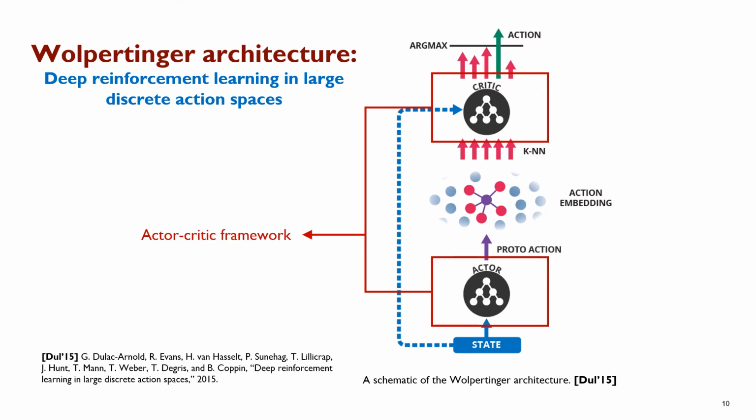And to make it suitable for exploring in discrete action space, there is a k-nearest neighbor quantization sitting between actor and critic networks. Whatever action predicted by the actor will first go through this KNN quantization to make it valid, and then it will be passed to the critic network to evaluate the Q value.